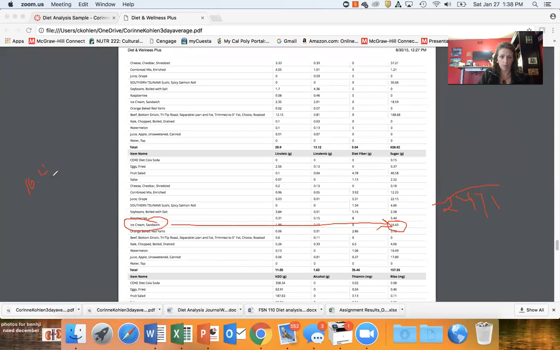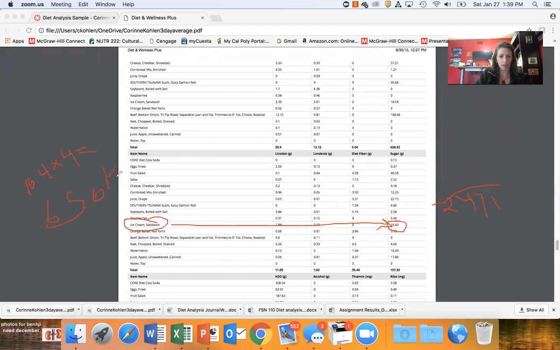We're going to do 16.4 times 4 because there's 4 calories per gram. And we get 65.6 calories.